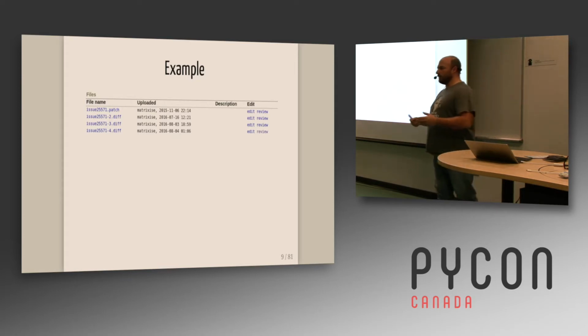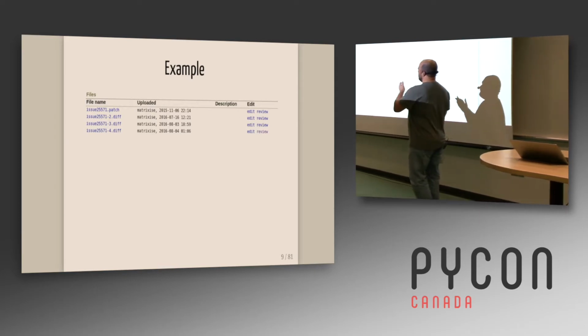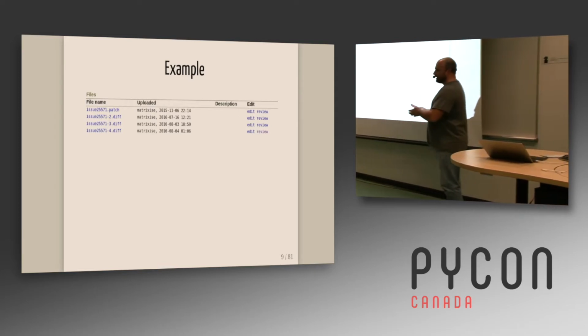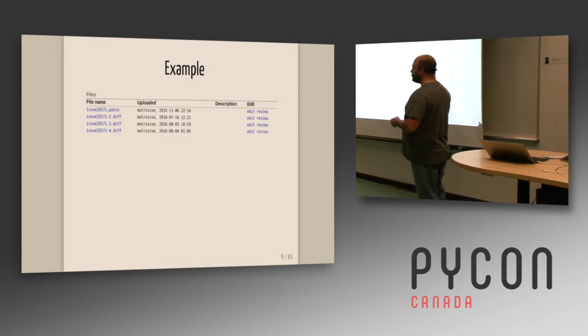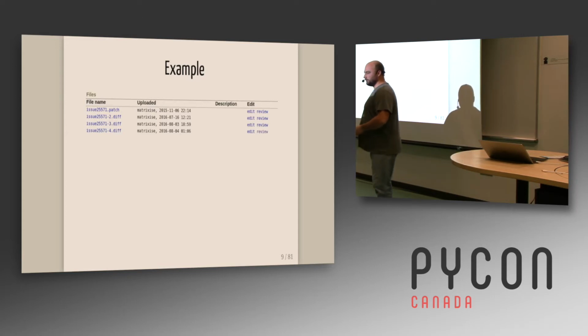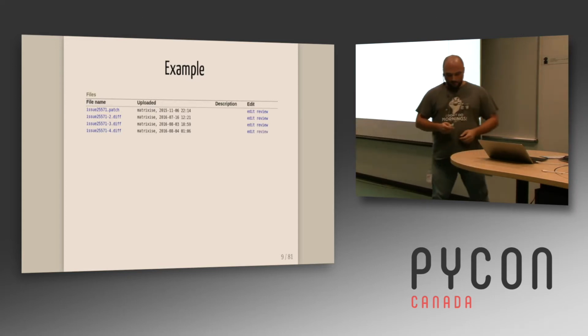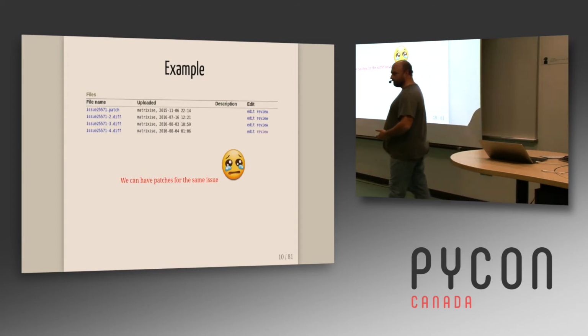I think we have 2 core devs here in the room, and they can explain this problem. Because how do you get the last version of the patches, who is the owner of the patches, and there is no commit message for the patches. Okay? So, yeah, we were really sad.